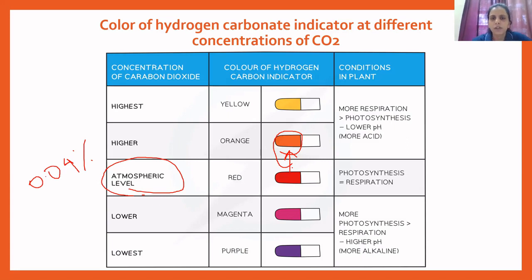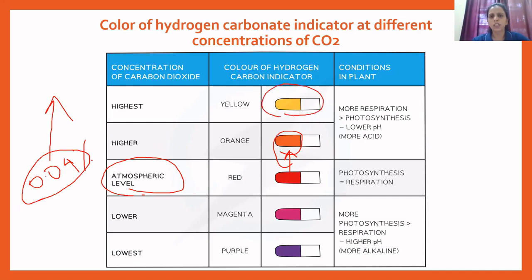If the concentration of carbon dioxide gas in water or in any solution goes above atmospheric level, remember, the level of carbon dioxide concentration in the atmosphere is 0.04%, the color of hydrogen carbonate indicator will change to yellow.